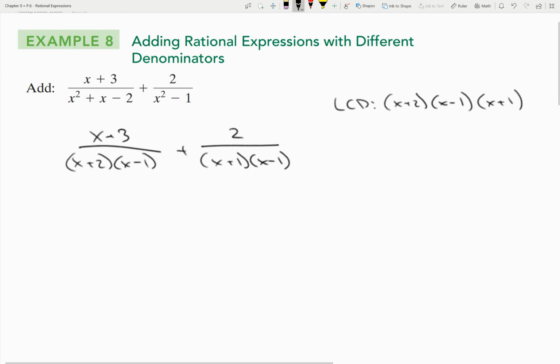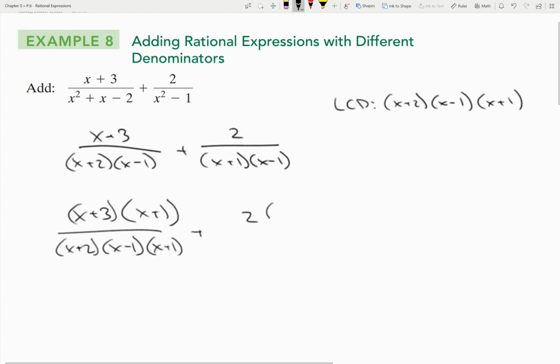So here's what I was saying, that you can eliminate this step. You could go that we need x plus 3 times, well, what's missing? If we have an x plus 2, x minus 1, the only thing missing from the denominator would be x plus 1, so I need to multiply the numerator by x plus 1 as well.